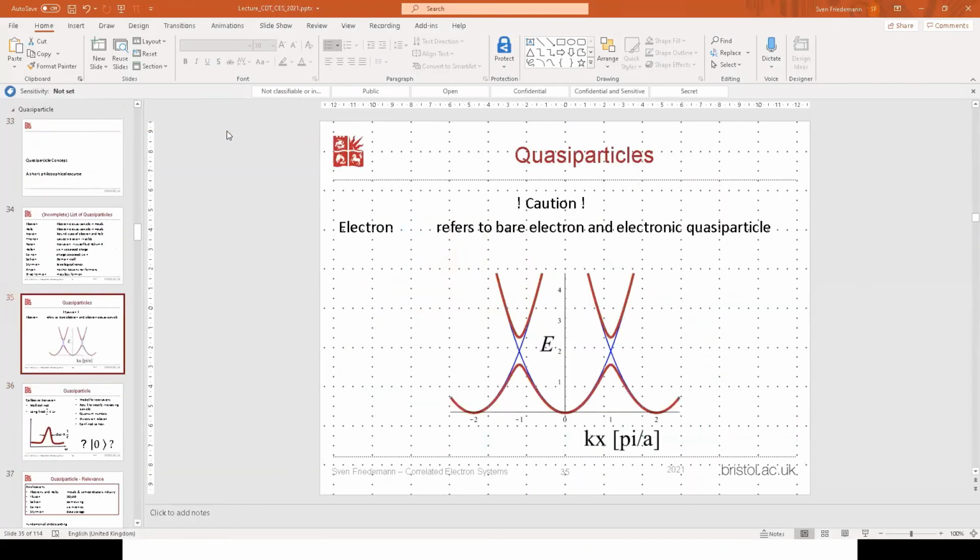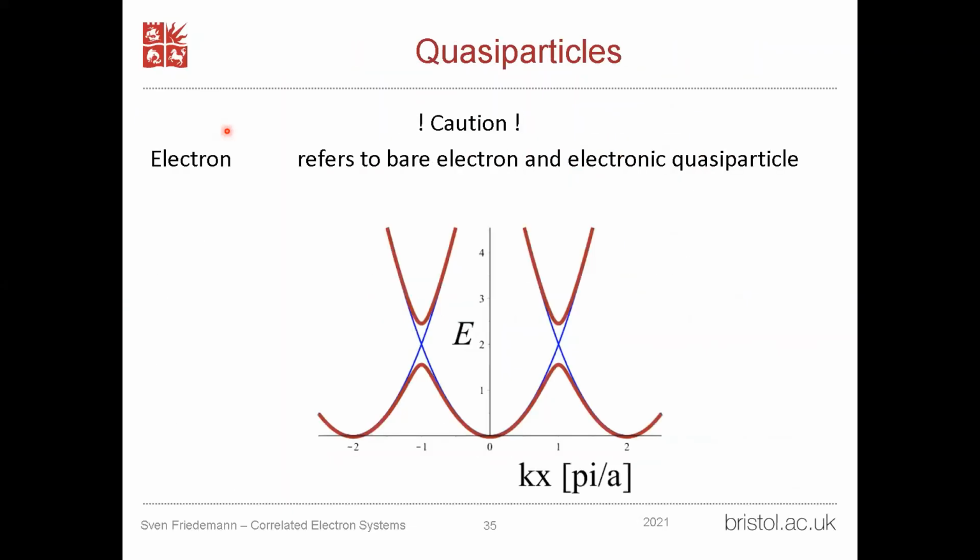And let me make the distinction again. Maybe actually first, here's an illustration of what I meant by the electrons. So electronic quasiparticles can live down here where they have a k-squared dispersion relation, very similar to what they would have in free space. But there could also be states up here where the curvature is quite a bit different, and you can already expect that hence they will have a different effective mass.